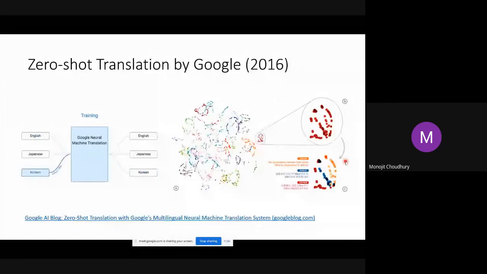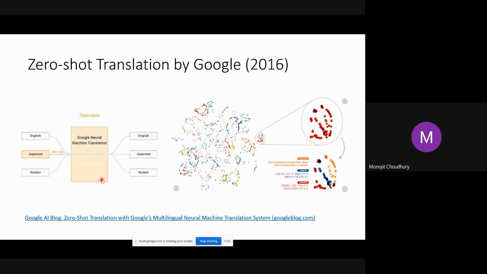So for massively multilingual embedding, the first idea was proposed by Google in 2016. It's called zero-shot machine translation by Google's multilingual neural network. The idea was as follows. You train a neural net, which has an embedding layer in between, for translating between, let's say, English and Korean, and Korean and English, and similarly English and Japanese and Japanese and English.